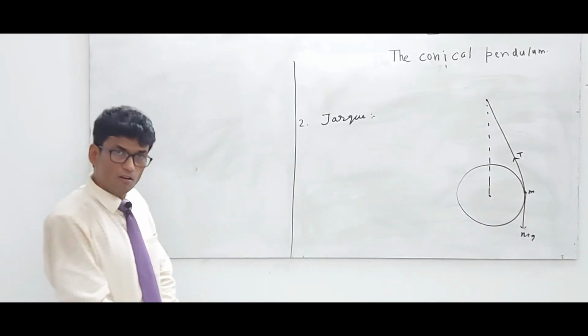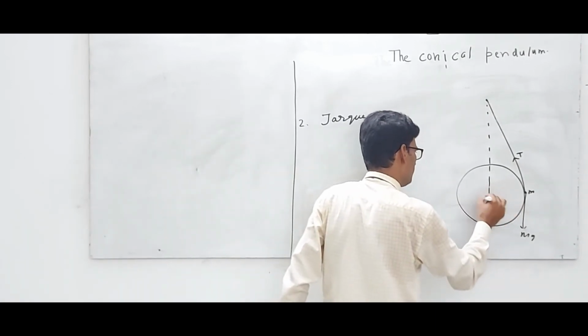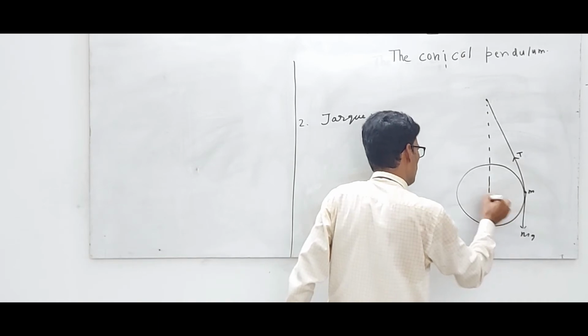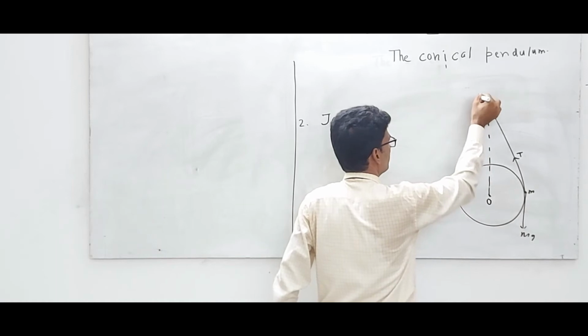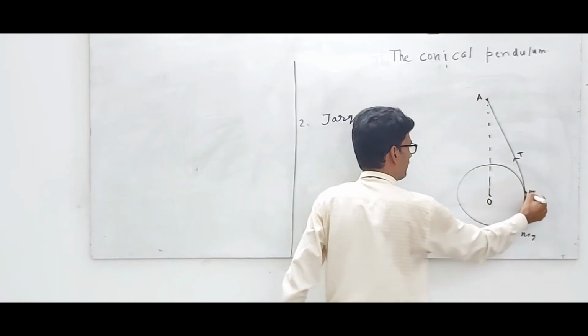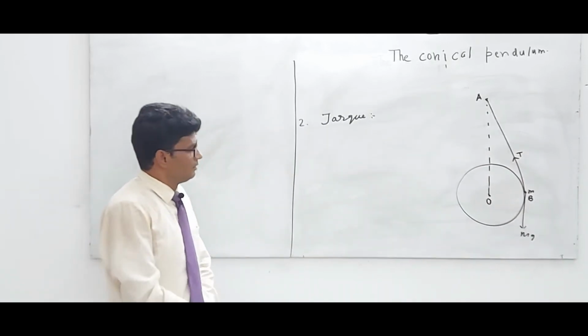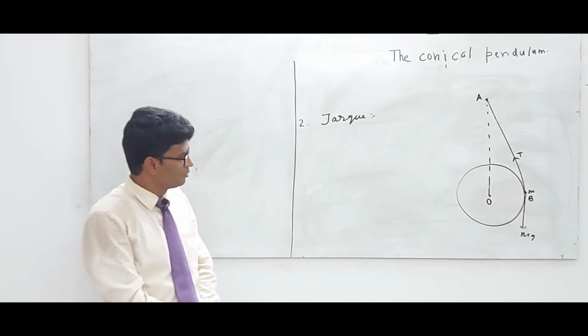We have to find the torque. So we have the center of the circle, say O, the point of suspension, say A, and this point, say B.